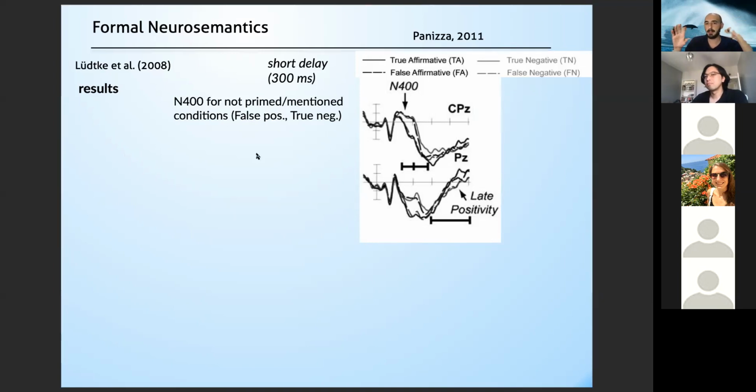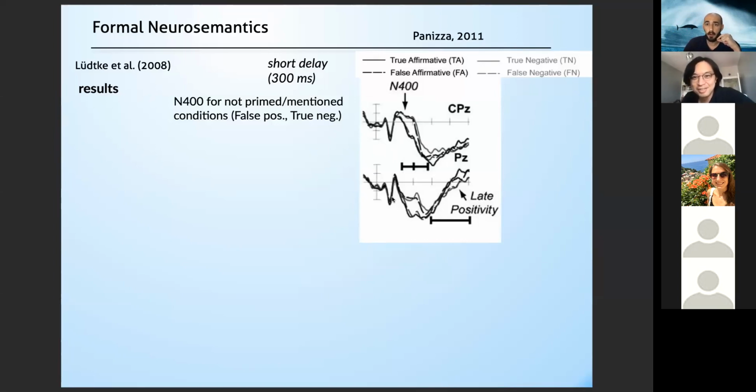Again, this is when at the end of the day you see a lion in front of the ghost or in front of the tower, but the sentence you read, regardless of the presence of negation, included the noun ghost. So the sentence was, there is a ghost, or there is no ghost, and you see a lion. N400, okay? And this is the N400, a negative deflection at about 400 milliseconds.